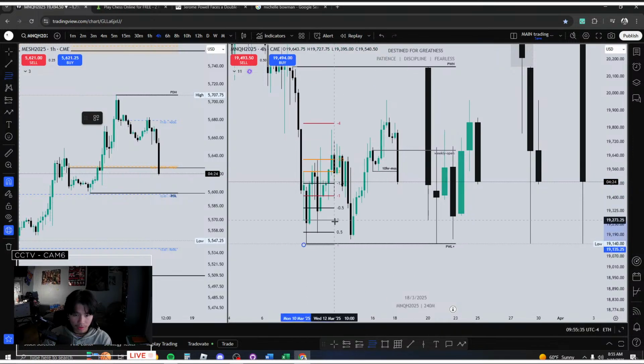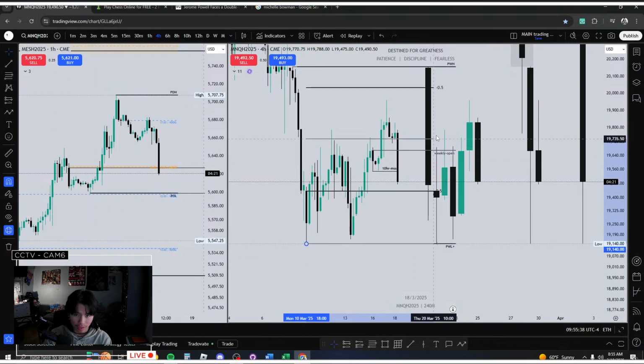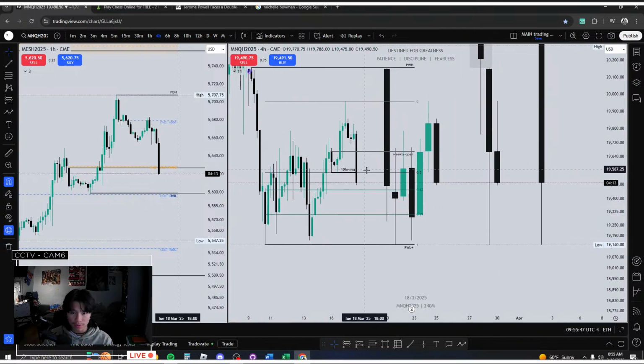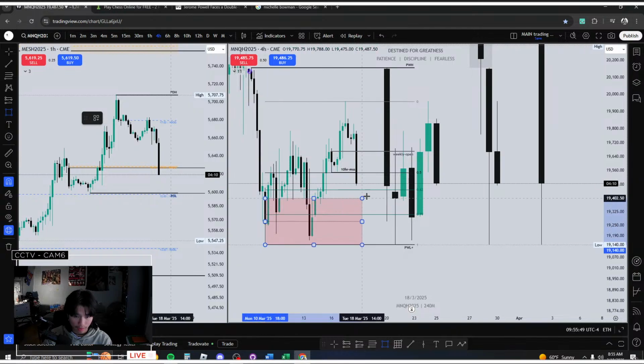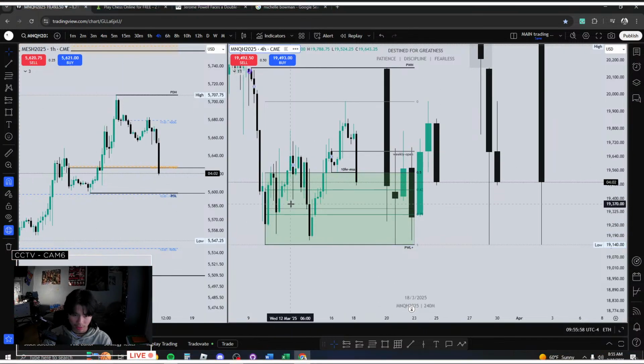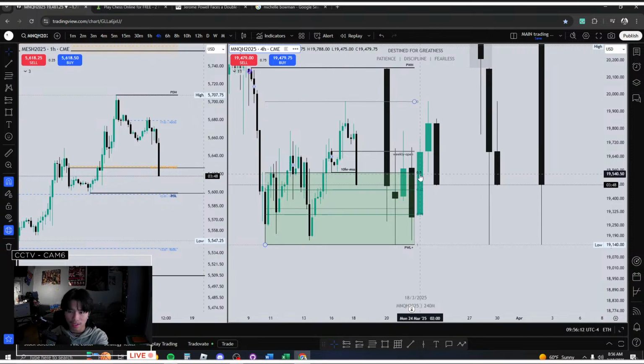If you guys were paying attention, you would have seen me toying around with my tools, and it looks like we did trade into discount here. Discount is going to be that green box, and we are within it right now. So technically we have already traded back into discount of this daily range. We could end up trading back into the OTE levels as well, so at the 0.62 to 0.79 of the daily range.